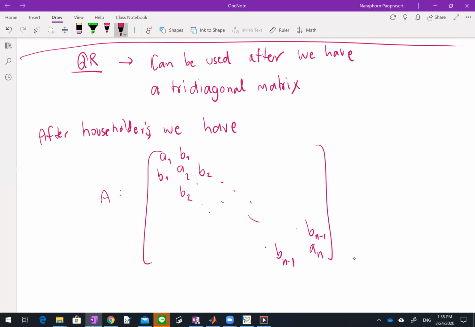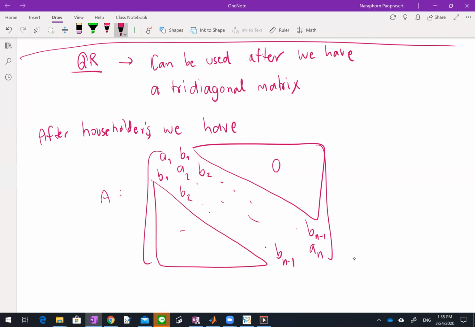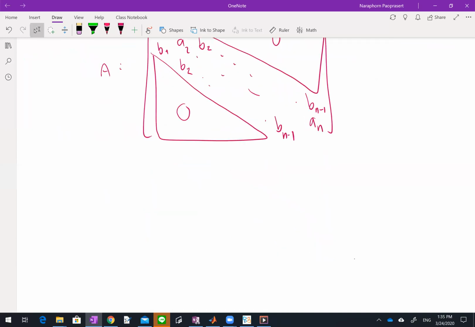So the A's and the B's are the locations in which you are allowed to have non-zero entries. Otherwise, the remaining spots are the zeros.